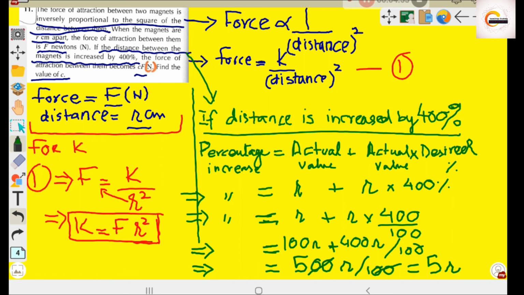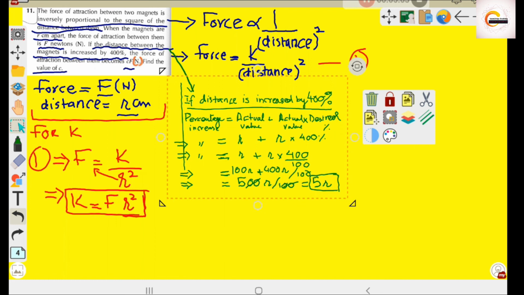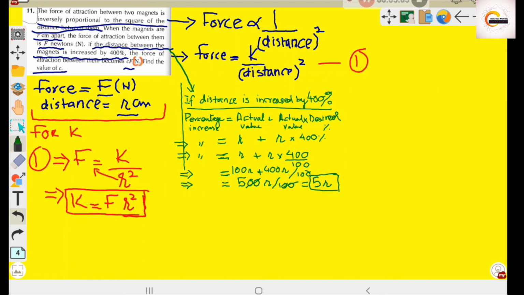So the increase of 400% means now the distance will be 5R. Now let's get back to the requirement of our question again: if the distance between the magnets is increased by 400%, that means now the distance is 5R.